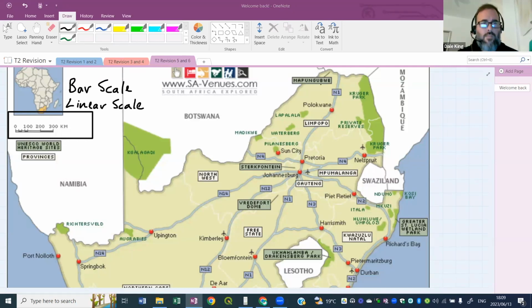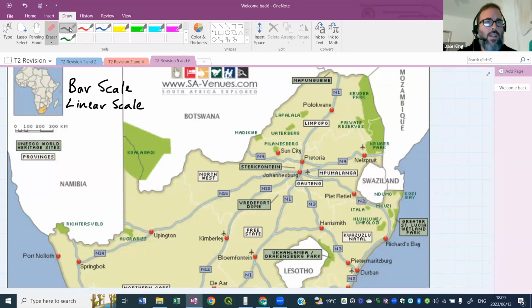Take, for example, you want to go from Polokwane to Pretoria. The length of the bar scale on the ruler, perhaps in centimeters, you're going to put it there, and then you will be able to interpret it into kilometers and so forth. Very good. Perfect. Thank you, Emmanuel.